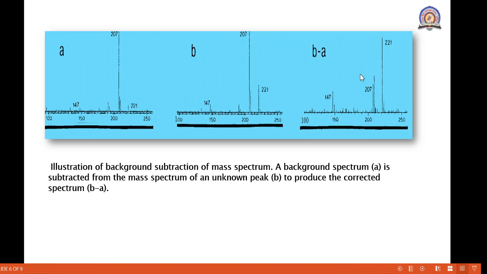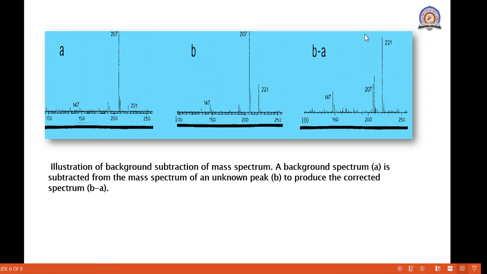The base ion of the eluting component is shown here, and the peak is obtained at 221. Many minor components have been removed.